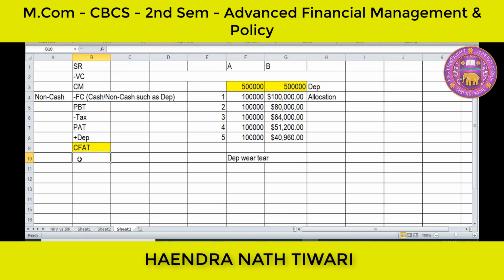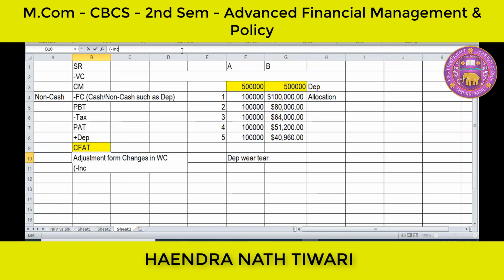So you make an adjustment for changes in working capital. If working capital goes up, that much cash is not available with you.